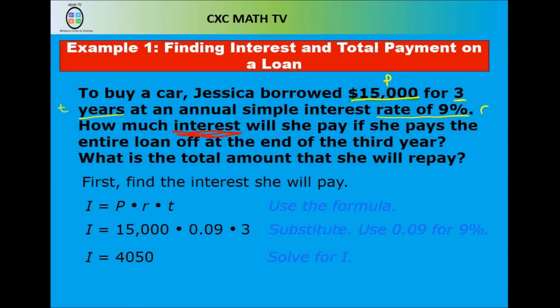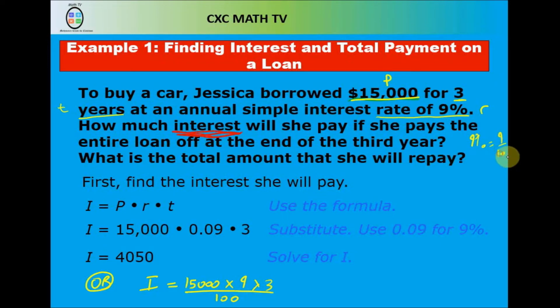Now I'm going to go back a little and put "or," because some persons might be used to working with the fraction. So if you wanted to work with 15,000 times the rate being 9% times 3, and then you divide it all by 100. Some persons might be familiar with it this way because you're keeping the rate as a fraction. 9% as a fraction is 9 over 100.